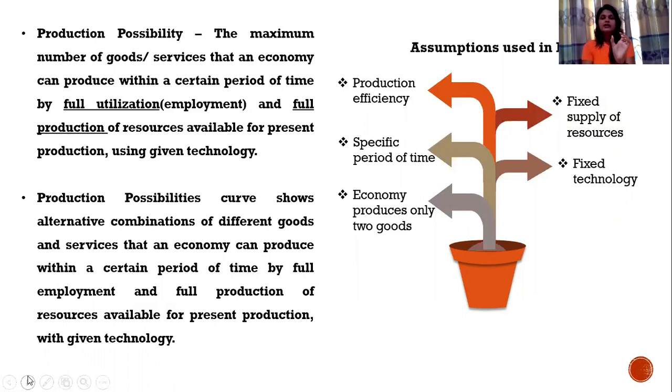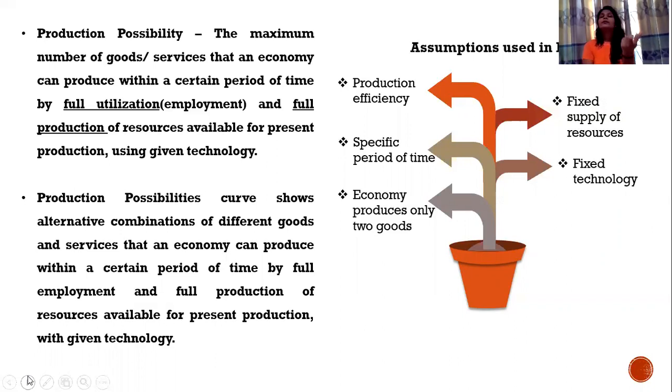So the two main important terminologies that you come across in this definition are full employment or full utilization and full production. Full employment means all the resources that are available for present production should be utilized. That is, your present utilization of resources should not sacrifice the living standards of future generations.